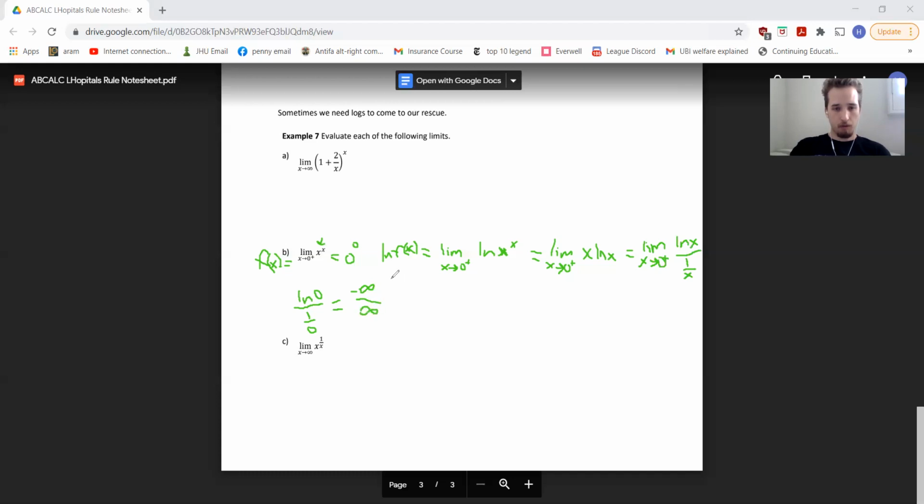So we do know, okay, we get negative infinity over infinity. We do know that we need to use L'Hopital's. So going back to the original, or not quite the original, we need to differentiate both the numerator and the denominator separately.